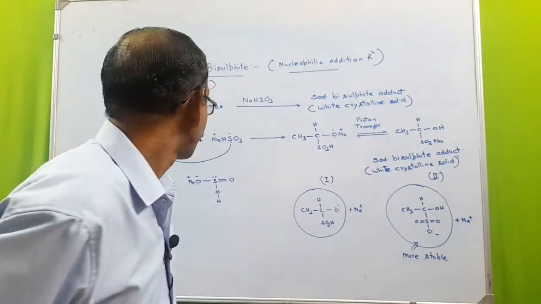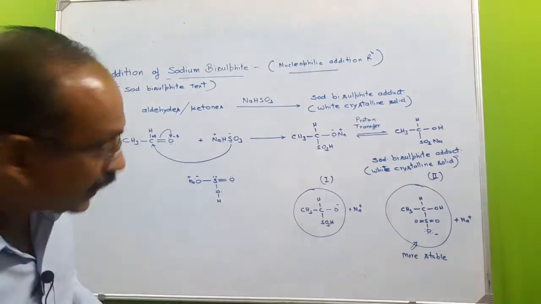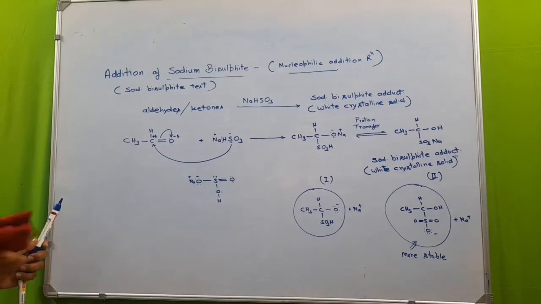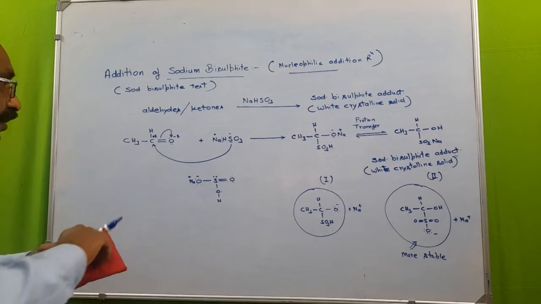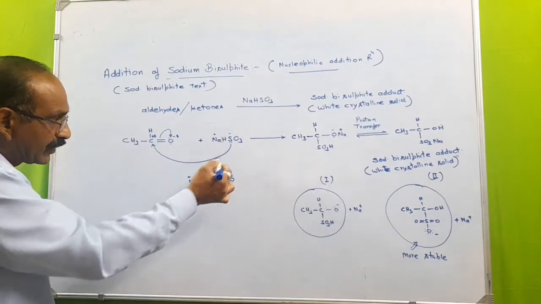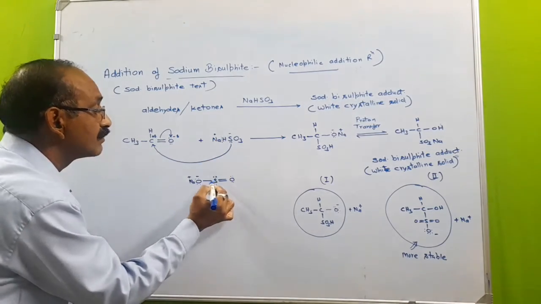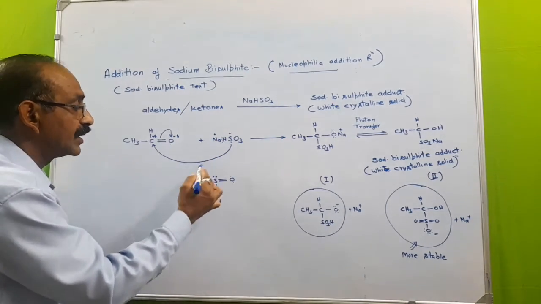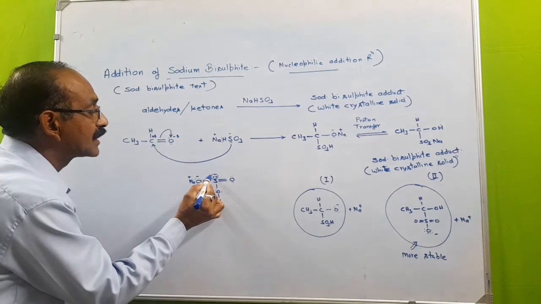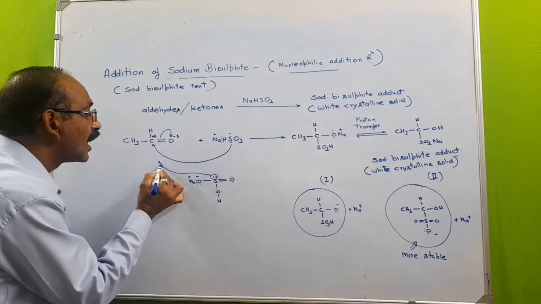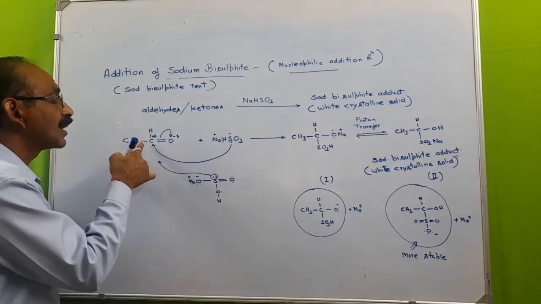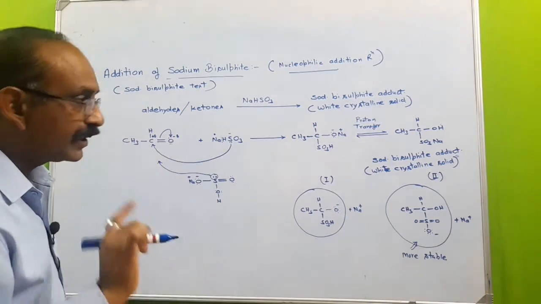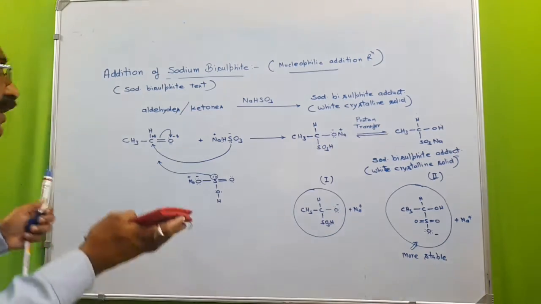Is it clear? Also remember, in NaHSO3 the sulfur attacks the carbonyl carbon using its lone pair. Is it clear? Now remember one thing.